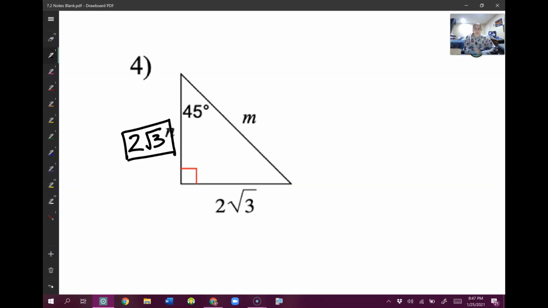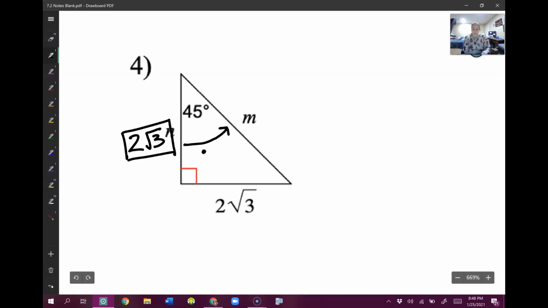Our second rule is to get from the small sides to the big side, I multiply or divide by root 2. So let's figure out if we're multiplying or dividing first. I'm going from small, and then I'm getting bigger. So if I want to go from small to big, multiplying makes things bigger.